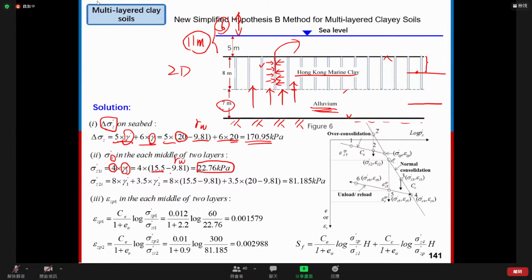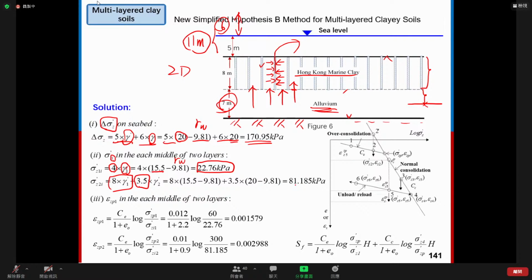And for the second layer, the so-called alluvium, we have the whole layer of Hong Kong marine clay on top, plus half a layer of the alluvium on top, right? So we have two parts. The first part is Hong Kong marine clay, and the second part, the thickness is half of 7, 3.5, multiplied by the effective unit weight of the alluvium layer itself.